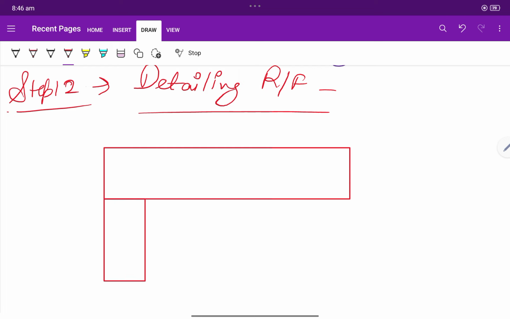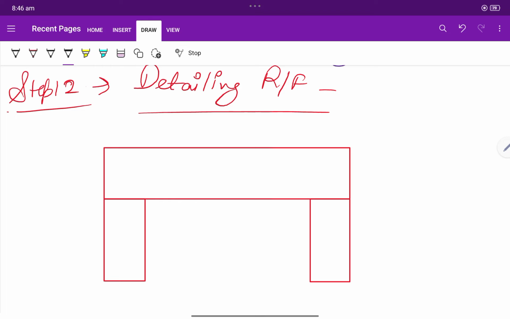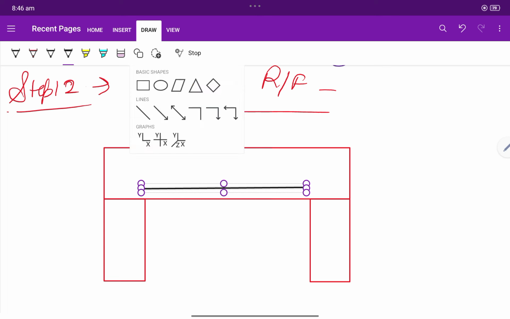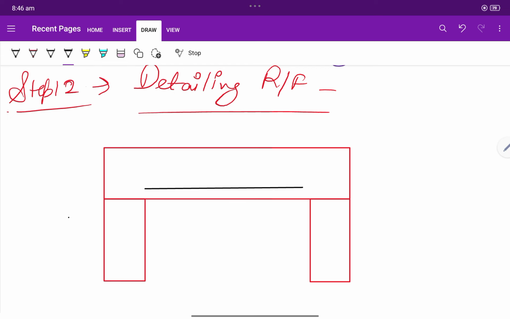This is the support. Another support we will draw from here. Now we will draw the bottom reinforcement first. Now freehand only we are drawing. Now we can draw the crank bars.